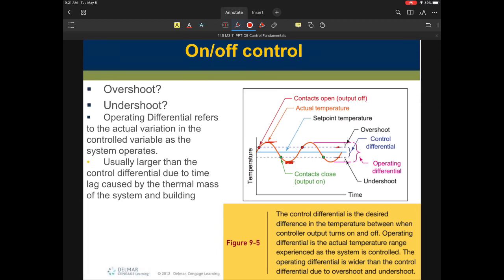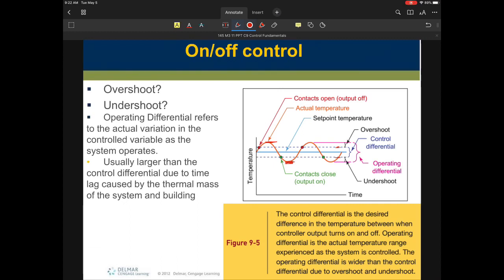So you might have a control differential that is maybe plus or minus 5 degrees as an example. But because of the thermal lag, or the inability to maybe control the output temp, or the hot water going out from a boiler system being warmer than what it needs to be based on the load, you very well will see your operating differential be actually larger than what is needed, simply because of what I would call the time lag or the thermal lag of what you're controlling.